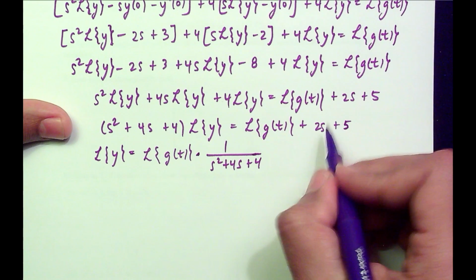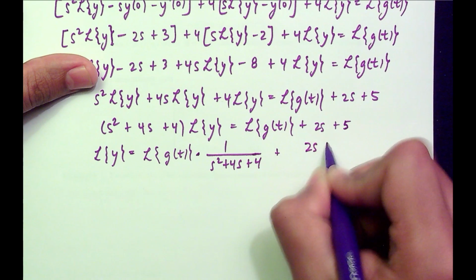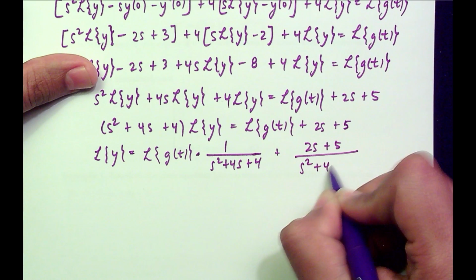And then this over the same thing: 2s plus 5 over s squared plus 4s plus 4.